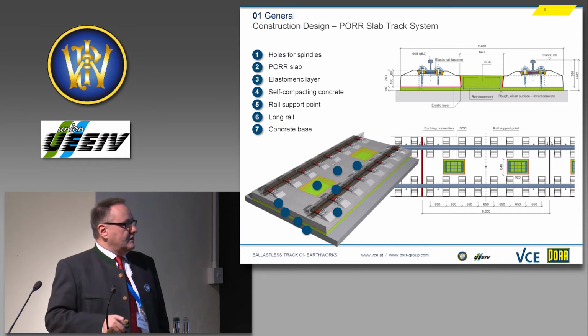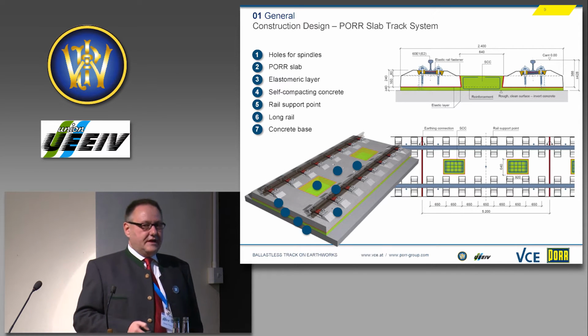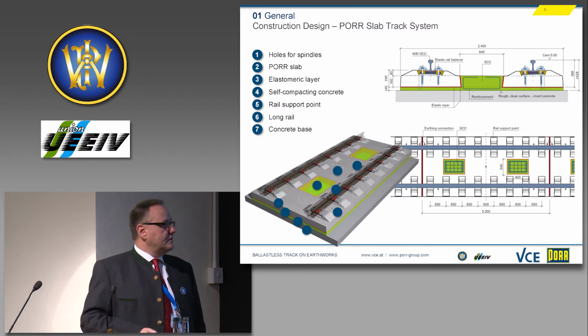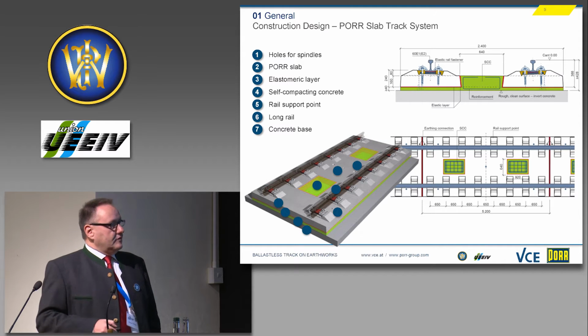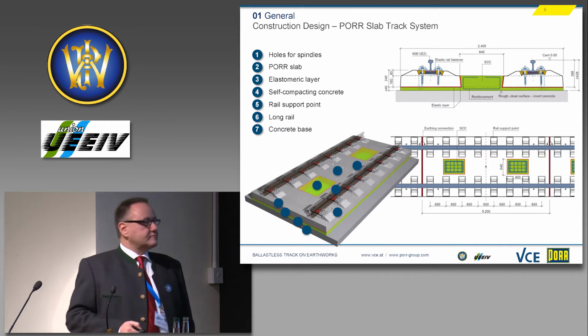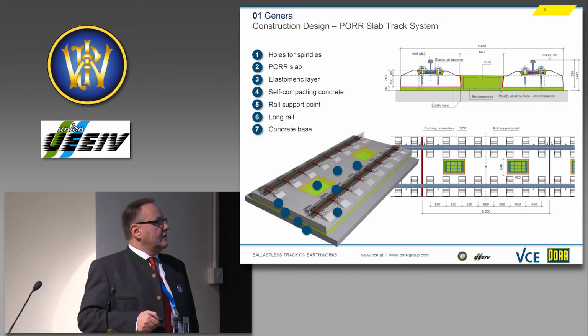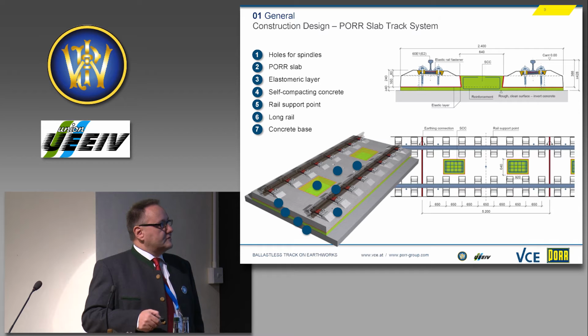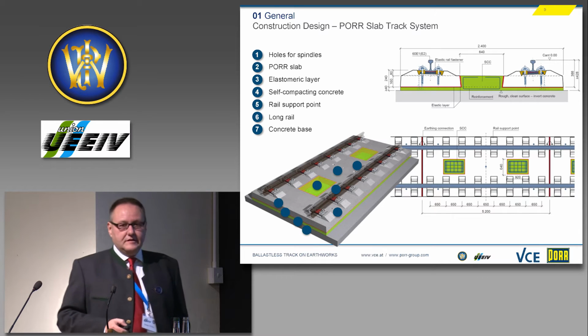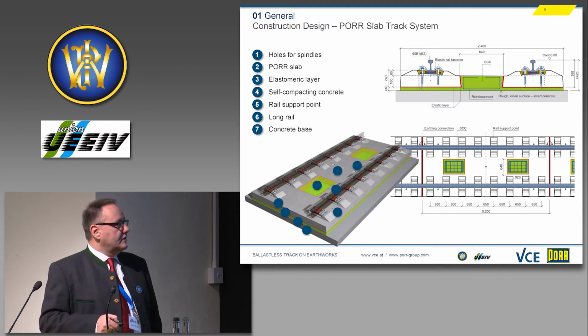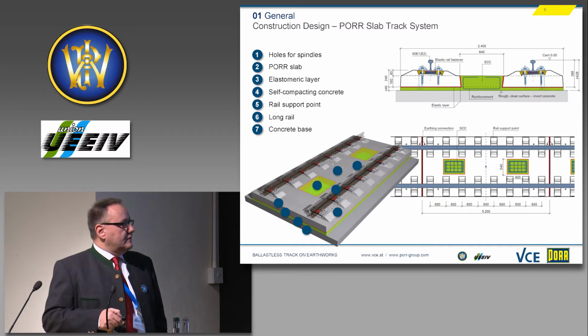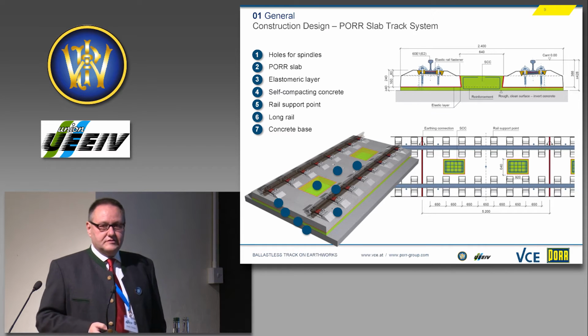There are 8 pairs of high elastic rail fasteners on such a slab. And this slab is only reinforced, it's not pre-stressed. And it's installed by underpouring it with concrete. Sometimes this concrete can be reinforced. It does not need to be reinforced when we have a subconstruction which already is reinforced.